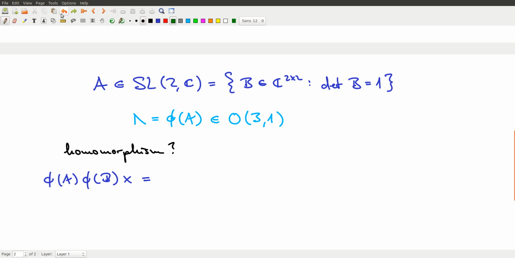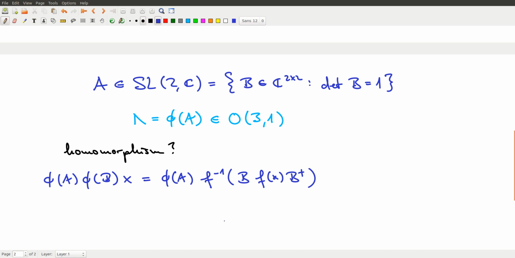Okay, is this phi actually a homomorphism? Well, let's just check. What's phi of A times phi of B applied to x? Well, that's phi of A times, what was the definition of the phi of B? That was F inverse of B F of x B dagger.